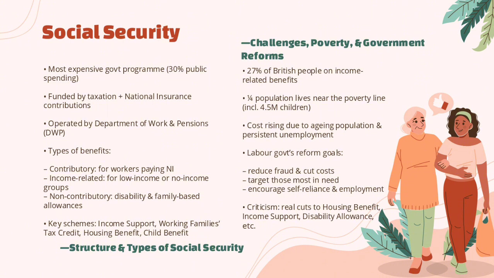Social Security is actually the most expensive government program. It's about 30% of public spending, funded by taxation plus National Insurance contributions, operated by the Department of Work and Pensions. The types of benefit are, first, contributory for workers paying NI; second, income-related for low-income or no-income groups; and the last one is non-contributory for the disabled and family-based allowances.